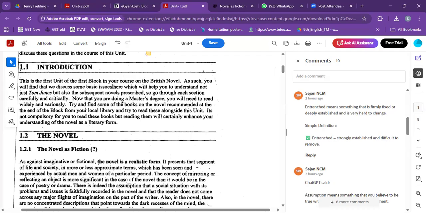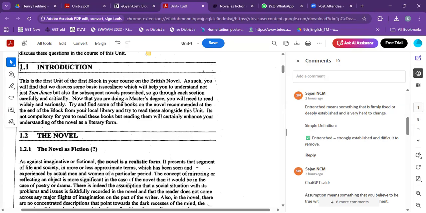That's how people succeed. Try and find some of the books on the novel recommended at the end of the block from your local library. So you have a library accessible to you. Please go and see if there are books, or else try to download them from different sources. If you pay a little money, you will be able to download.